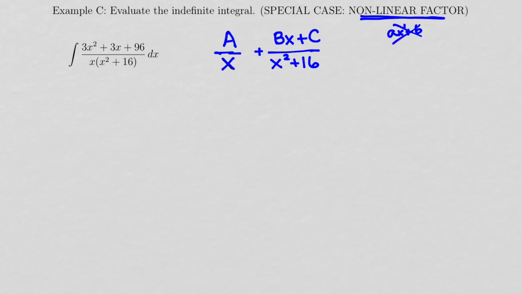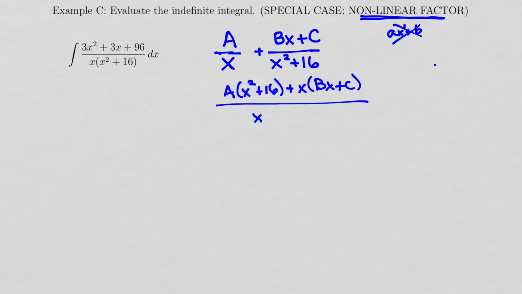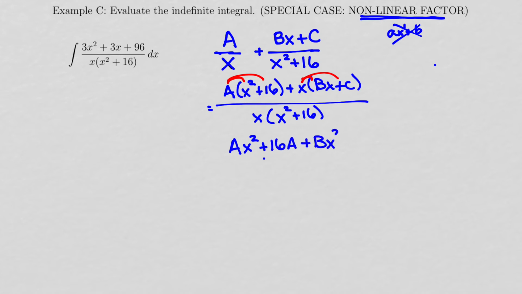Add it up, see what you're doing. Plus C, and that's all over x times x squared plus 16. And then we distributed, boom, boom, boom, boom. So on top, I got ax squared plus 16a plus bx squared plus cx.